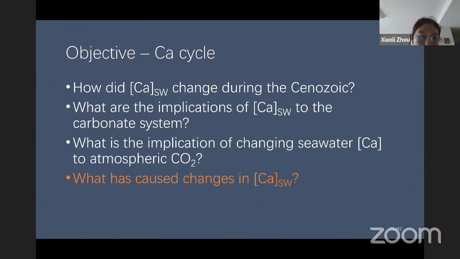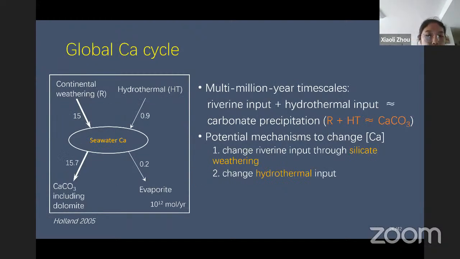Now we know how the calcium has changed and what the implications are to the carbonate system and atmospheric CO2. So what has caused the changes in calcium? To answer that question, we should start from the calcium cycle.